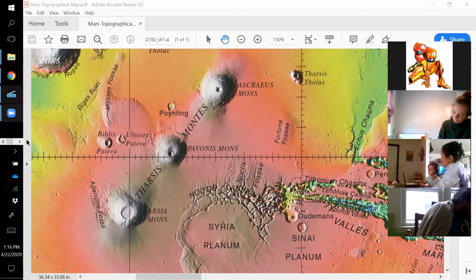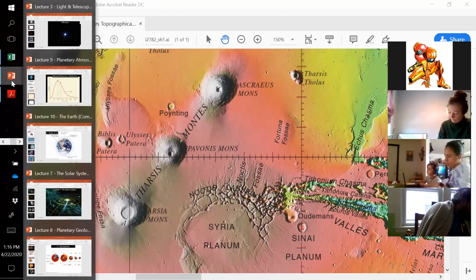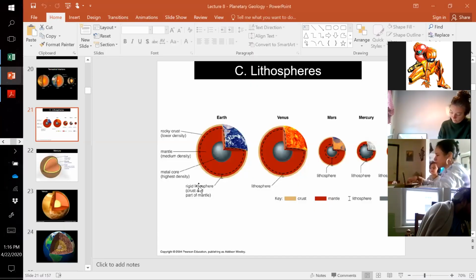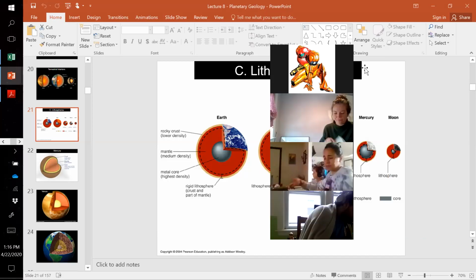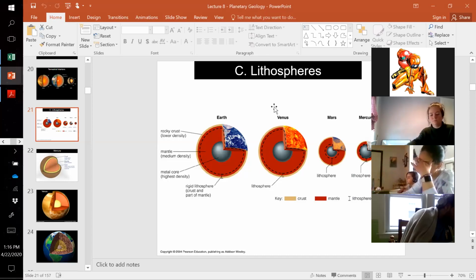Remember from one of our previous slides that the interior heat of a planet is proportional to its size. So the big planets have thin lithospheres, but the small planets have very thick lithospheres. The moon's lithosphere is so thick that it goes all the way down to its core. So obviously that would prevent fracturing and breaking apart the planet into lithospheric plates.